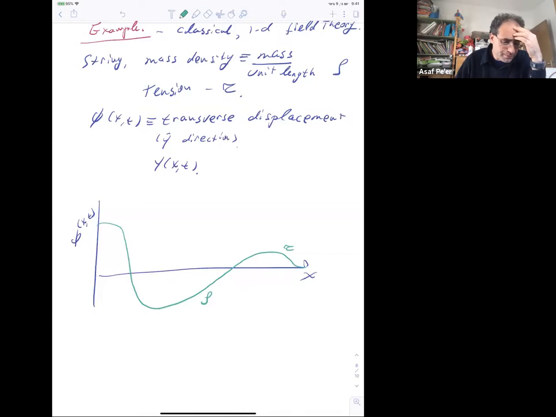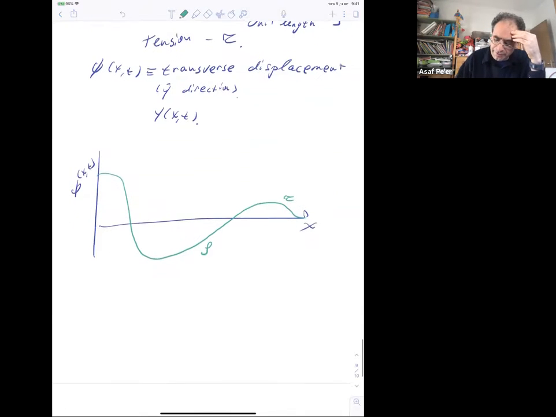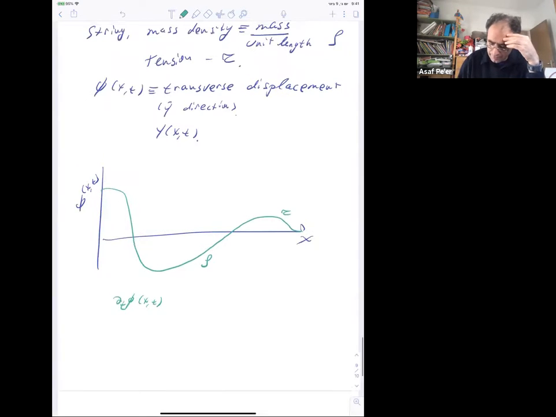So that means that dt phi, what is dt phi of x and t? If you got the idea. What is dt phi? What does it represent?